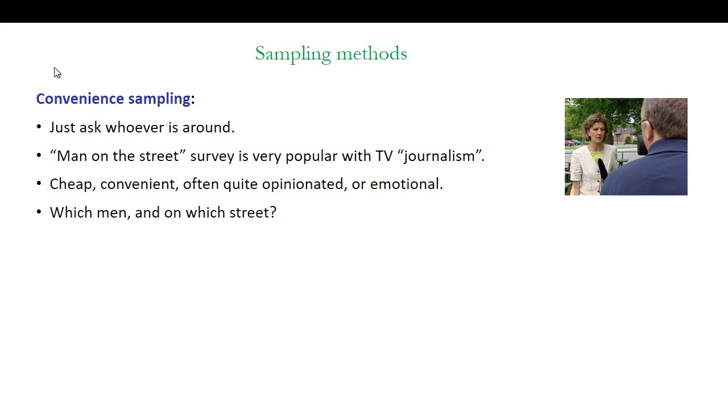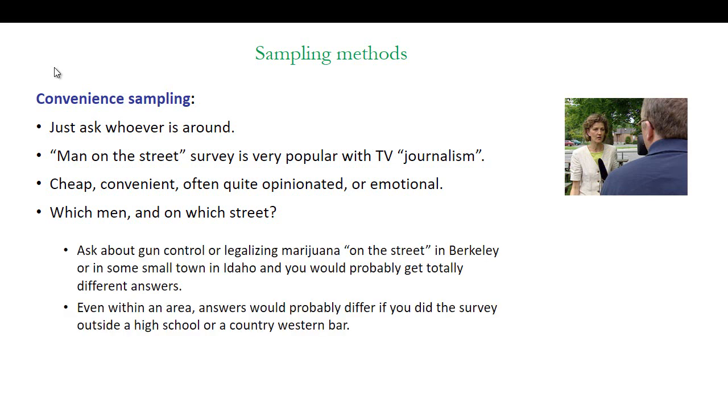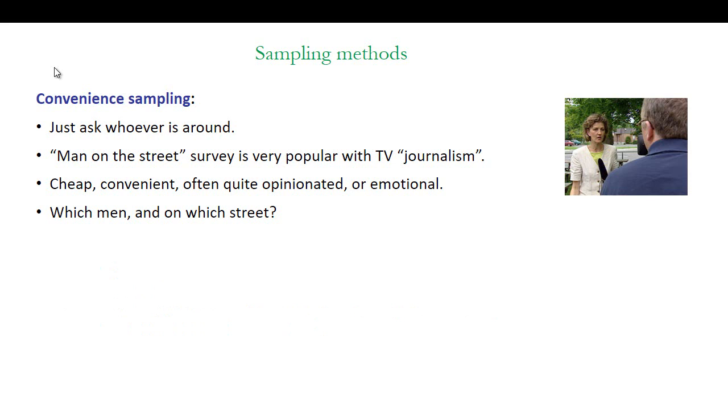And in convenience sampling, since we are just asking whoever is around, the result depends on who's around and on which street, or what the geographical location is where you are doing the survey.